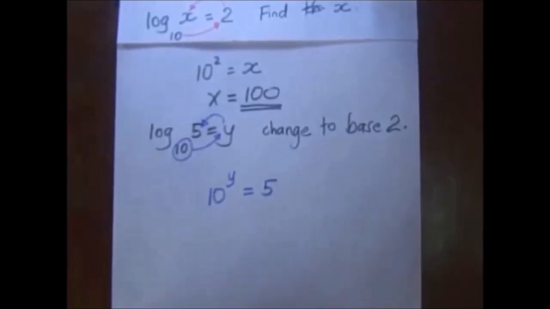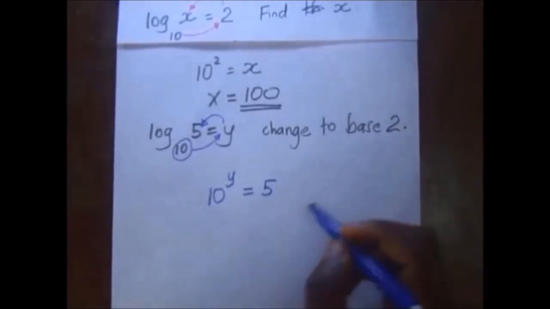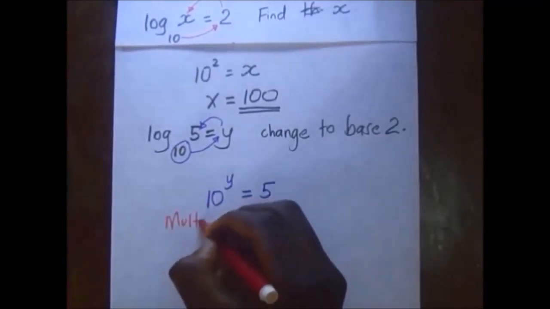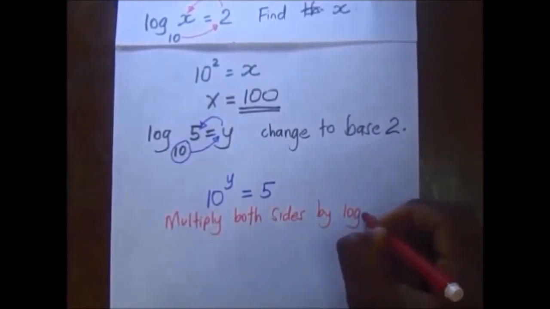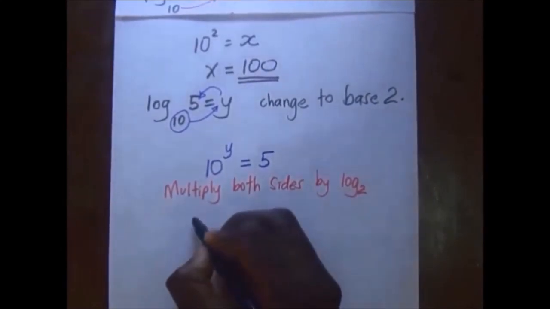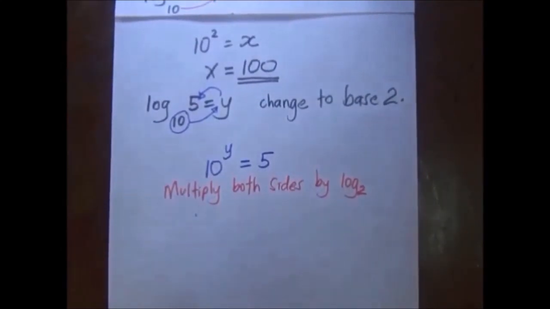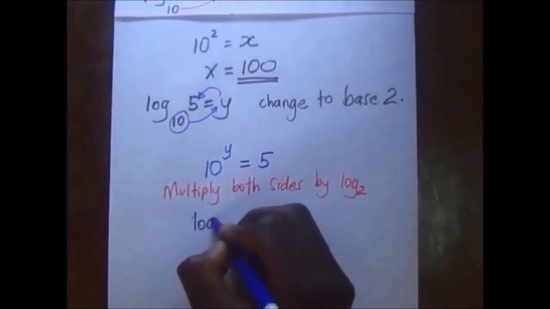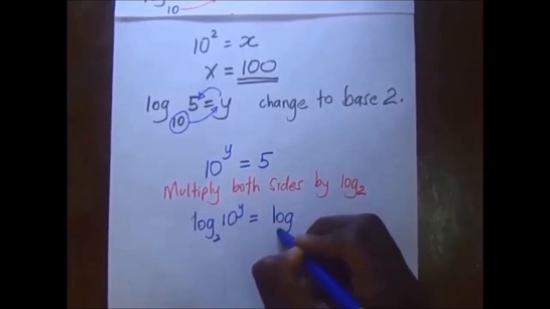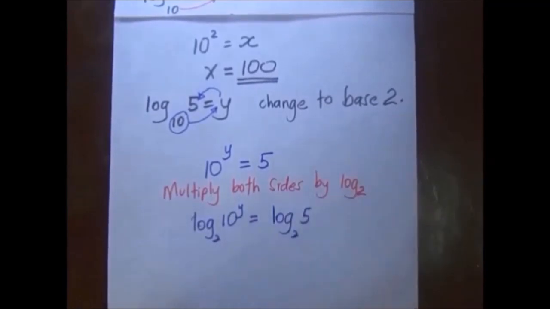And so now we want to convert this logarithm to base 2. So what we do here, we take log base 2 of both sides. When we do that, it shall become log base 2 of 10 to the power y is equal to log base 2 of 5.